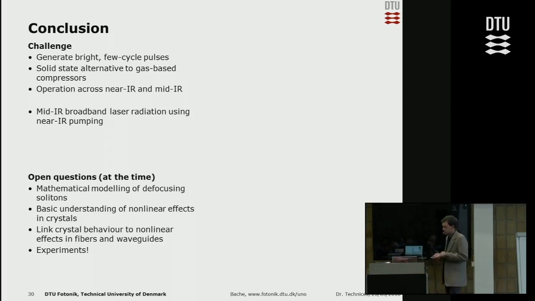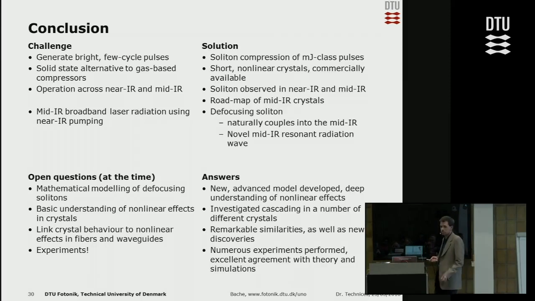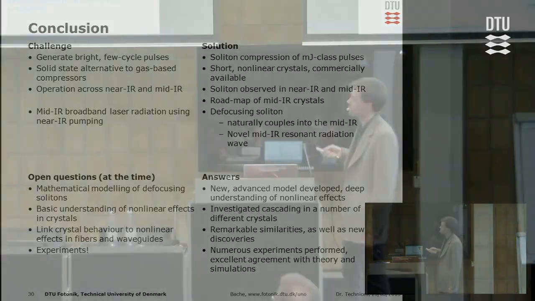So this was just a brief overview of some of the results that I have given, and if I should conclude on this, then I have set up here the challenges that I started with in the beginning of the talk, and on the right-hand side, I have shown you the solutions that we found to solve these challenges. So we were able to generate bright few-cycle pulses by soliton self-compression effect.